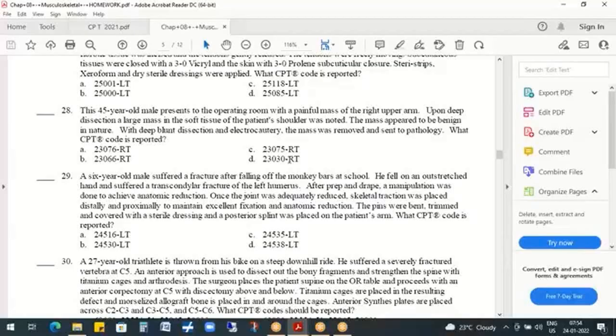What is the answer? Question number 28. C. What is 23066? What is the deepest layer here? Shoulder.